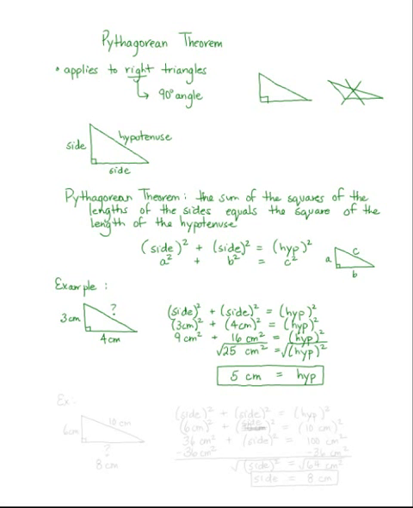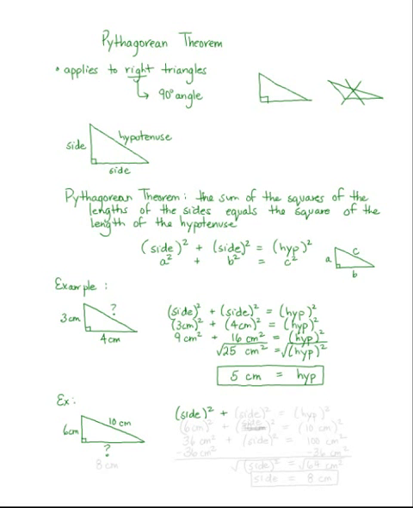Let's try another example. Suppose in this example we knew a side of 6 centimeters and the hypotenuse of 10 centimeters, and we want to know the length of the other side. Because we have a right triangle, we can use the Pythagorean theorem.